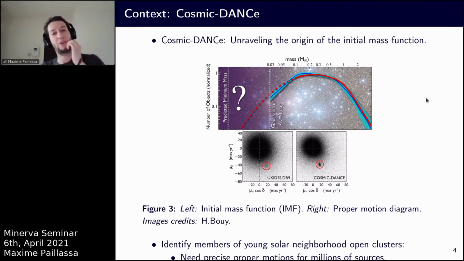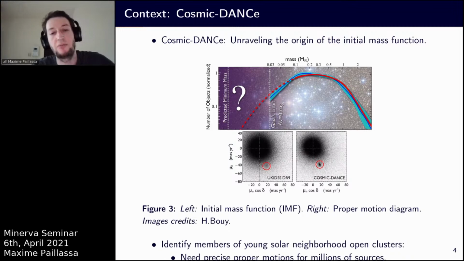And so to study this mass function, we study stellar clusters because members of those clusters share some initial birth, and then can give some clue about the mass function. But to study those clusters, we need to identify the members of those clusters, which consists of isolating a few sources among the millions of sources that we can see in the images.